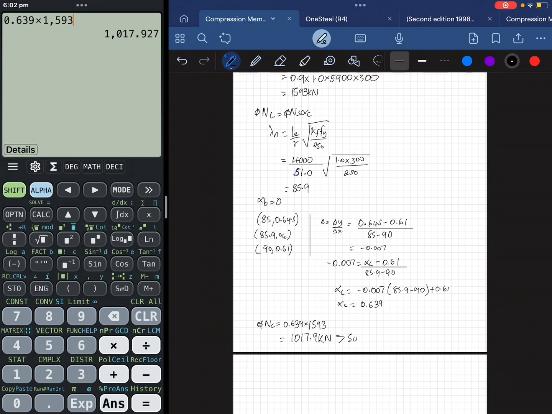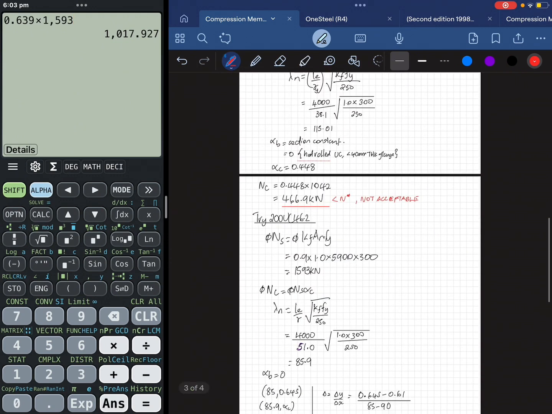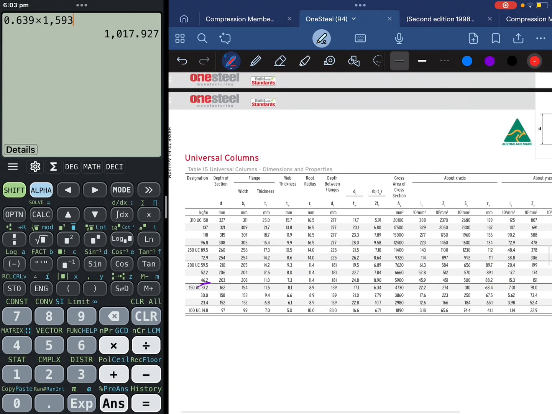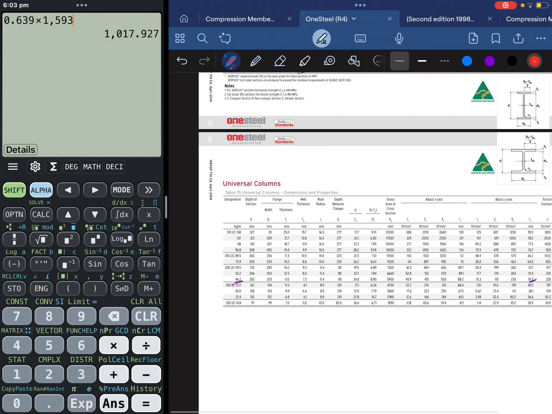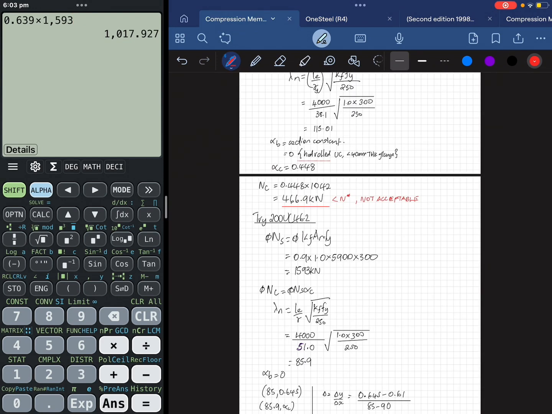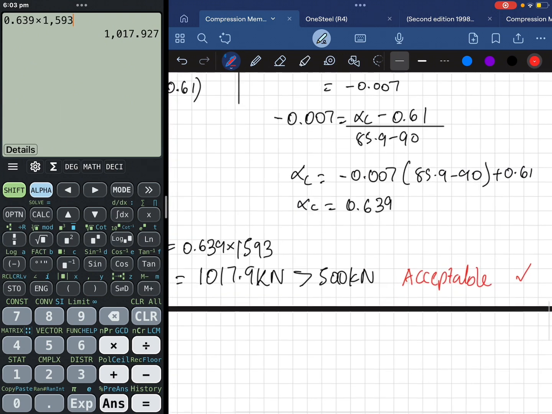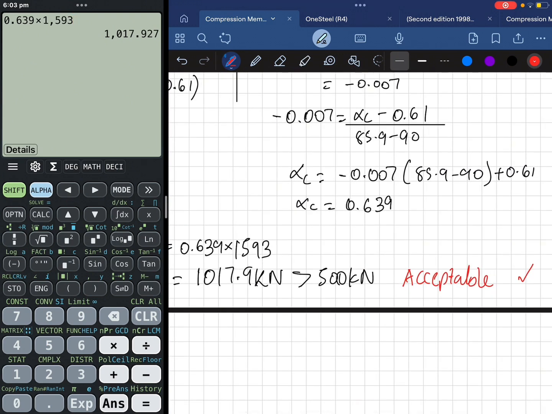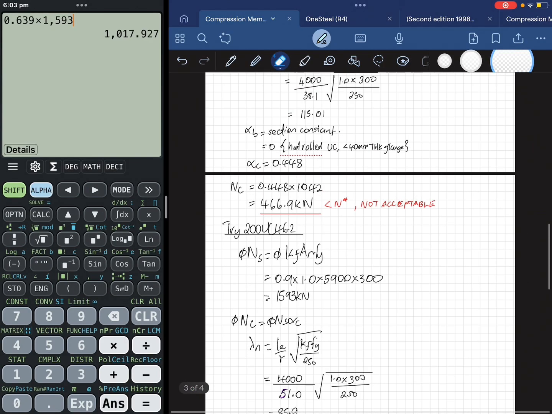Which is greater than 500 kilonewtons, so this is acceptable. In this case, we can adopt a 200 UC 46.2. I could have also tried the 150 UC 37.2, but I just wanted to go with something a little bit higher to show how much of an increase that is, and that it's actually passing. It's greater than 500 kilonewtons, which is N star in our case, and we're happy with that.